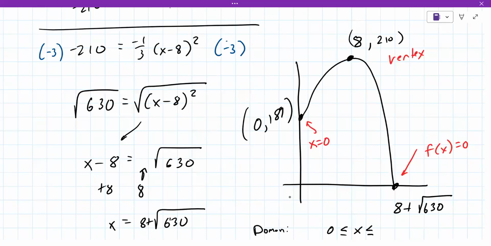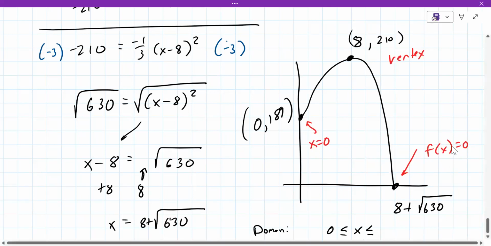No. Can we do the range first and then come back to this one? Nope. When does it hit the ground? You've already answered that. Well, it's 0 when it hits the ground, but what's the time value? 8 plus square root of 630.